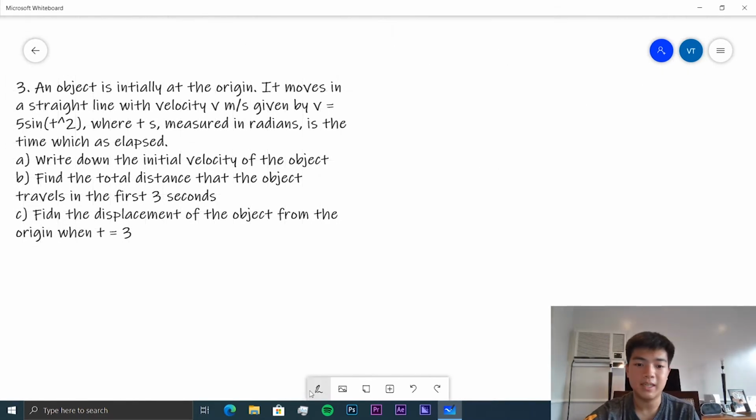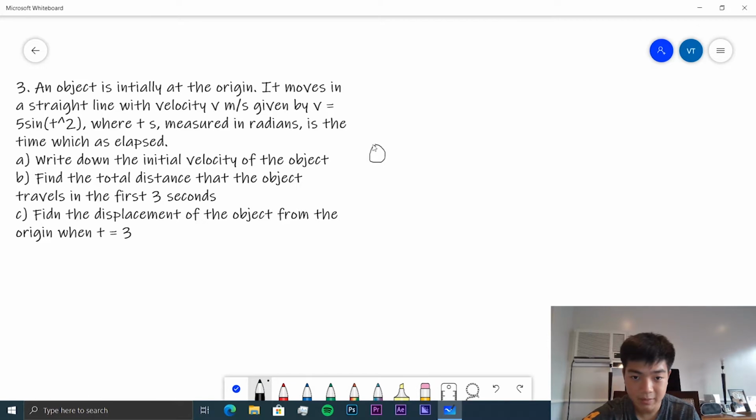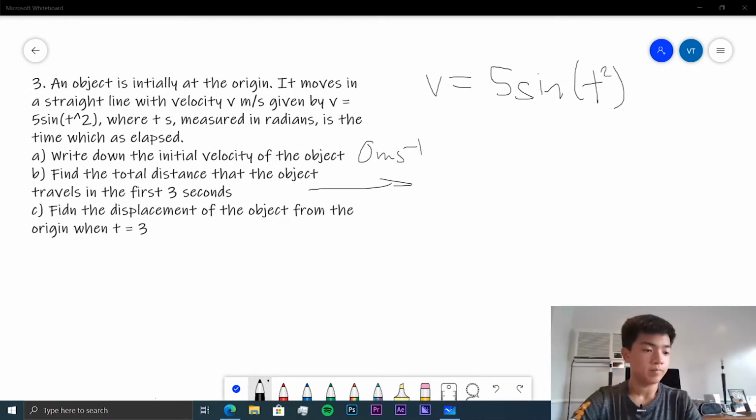So the initial velocity of the object is equal to 5 sine 0, so the initial velocity should be equal to 0 meters per second, since velocity is equal to 5 sine t squared. To find the total distance, we would normally have to integrate this function, but integrating 5 sine t squared is outside the scope of the IB Math syllabus.